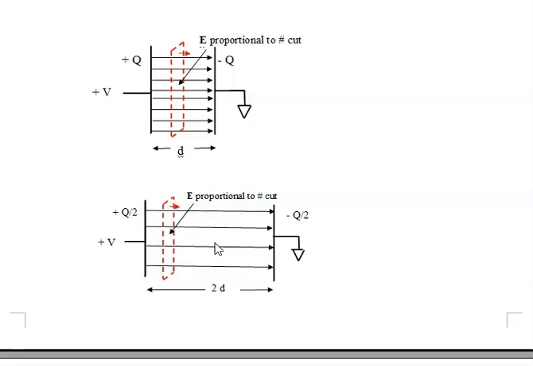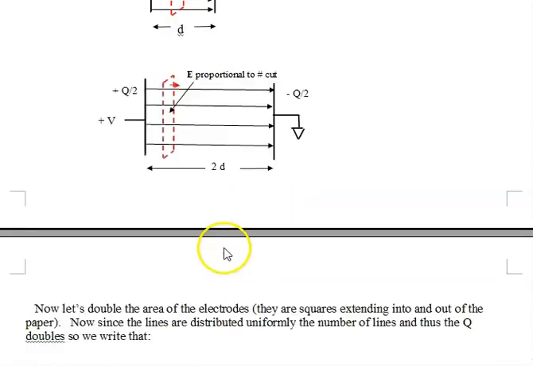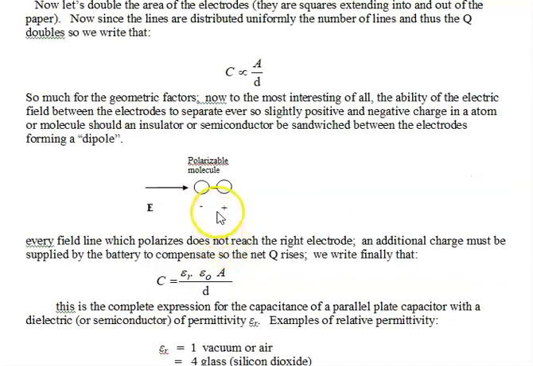In the presence of an electric field, moving from left to right, the negative charge, the electron cloud, will tend to move left. The positive nucleus will tend to move right, producing an internal electric field which opposes the external electric field.